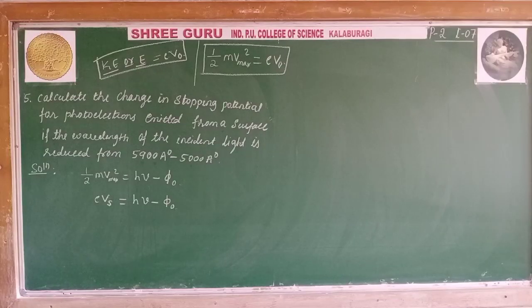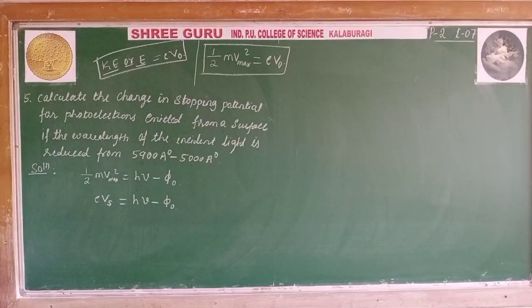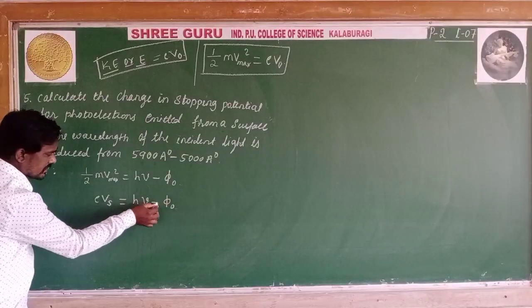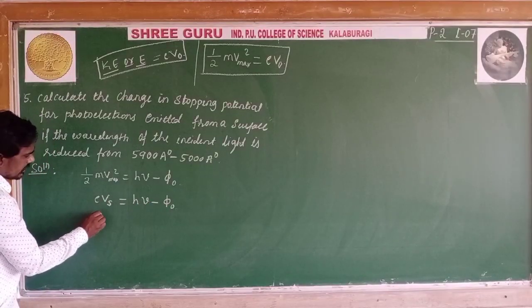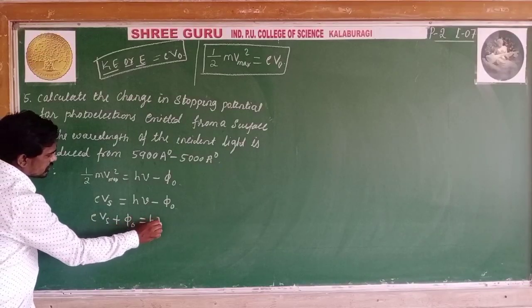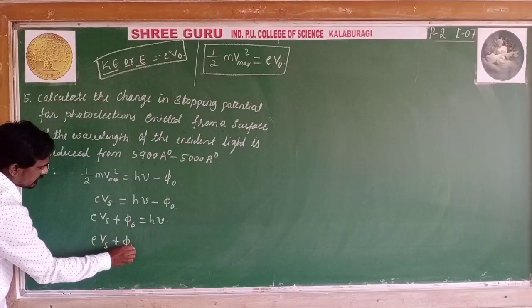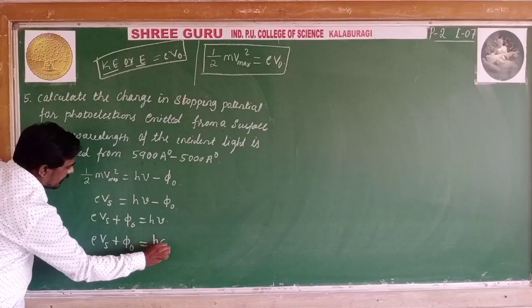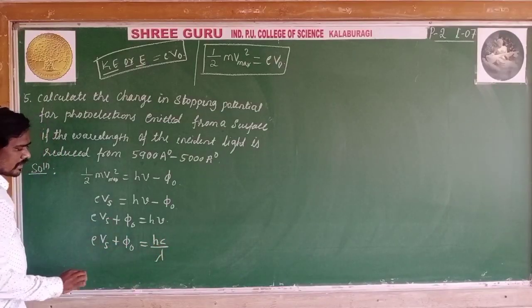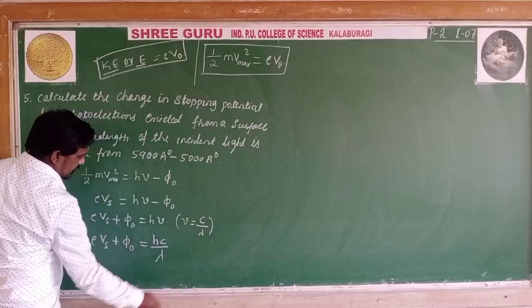Here the wavelength of incident light is reduced from 5900 to 5000 angstroms, but we should convert in terms of energy. Taking the work function to this side, e Vs plus phi naught is equal to h nu. That is equal to h c by lambda, because frequency nu is equal to c by lambda.